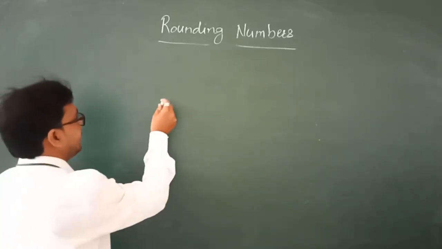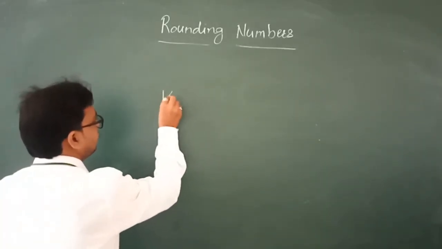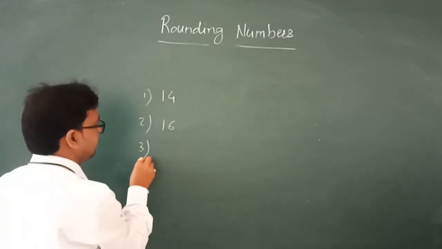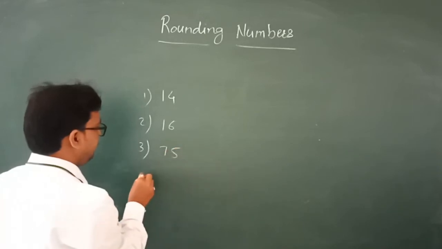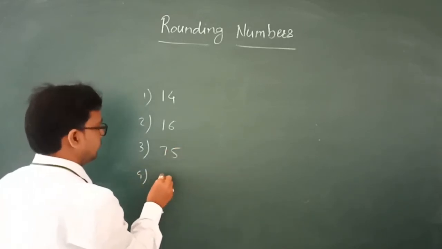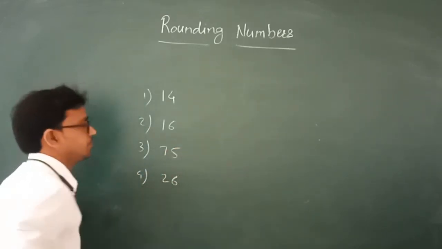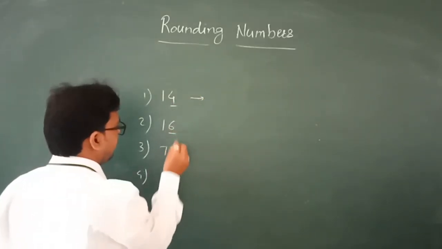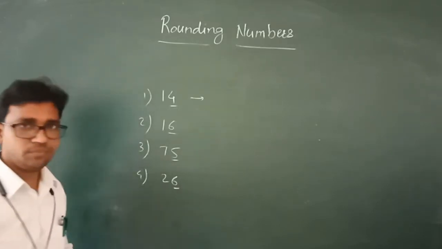So we have to find the nearest tens of 14, 16, 75, 26. See here we have to look at only the ones place.